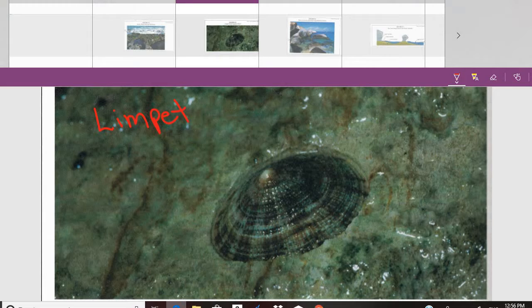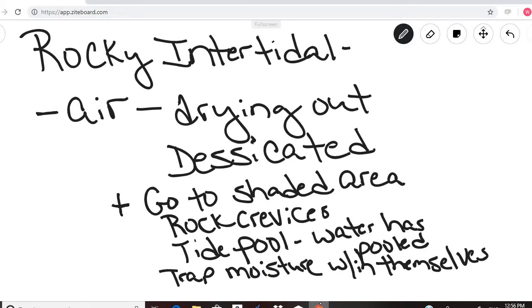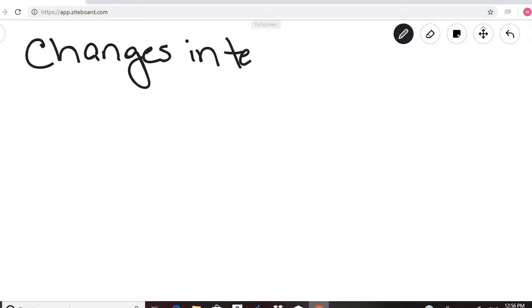So dealing with changes in moisture, and the danger of drying out, is one challenge. Related to that are the changes in temperature. We've already said that during low tide, these organisms could be exposed to very low or very high temperatures.